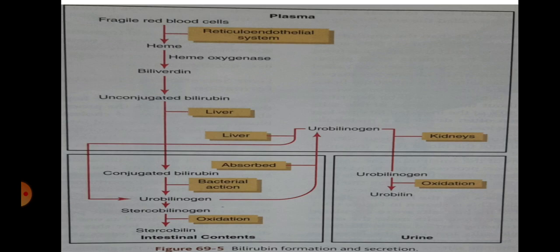Conjugated bilirubin is converted into urobilinogen. The urobilinogen is converted into stercobilinogen, which upon oxidation is converted into stercobilin, which is excreted via the feces. Some amount of the urobilinogen is absorbed and is excreted via the kidneys.